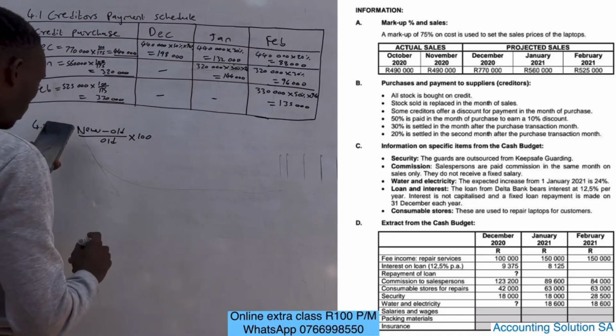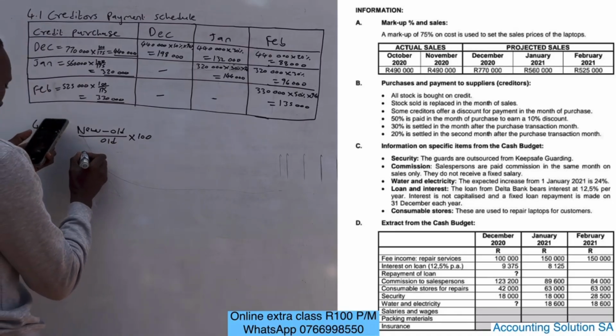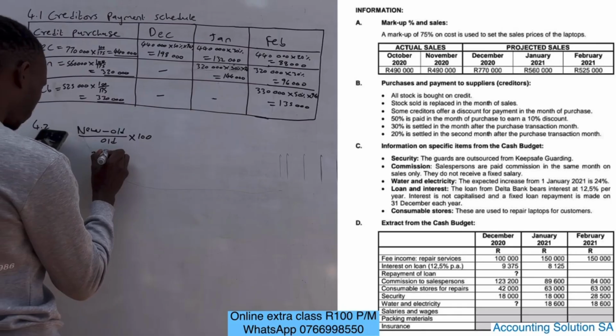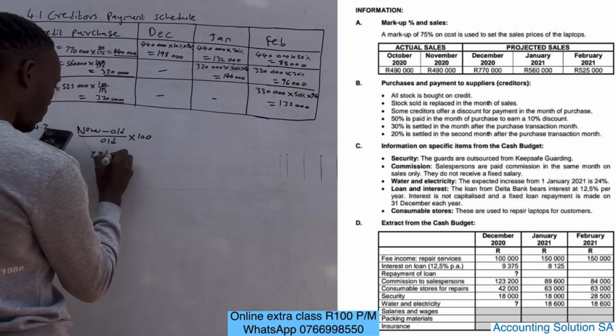Okay, the new amount of security was 28,500.